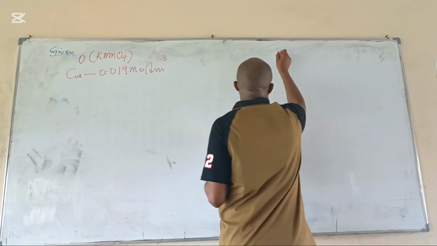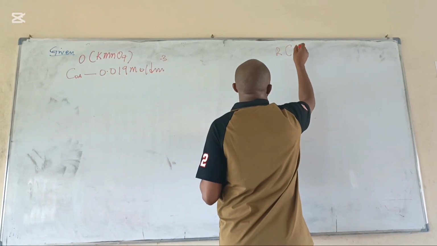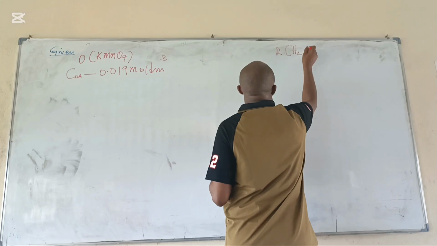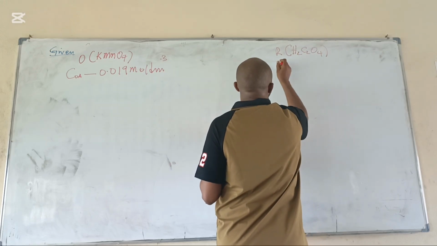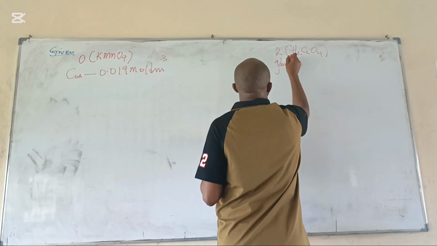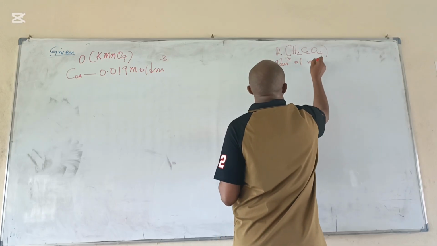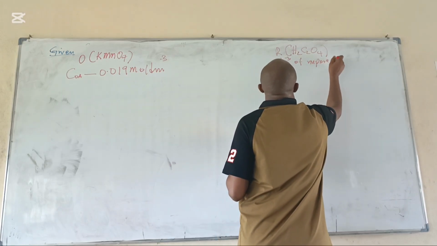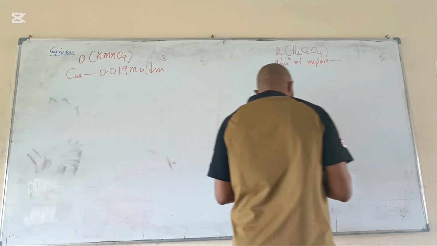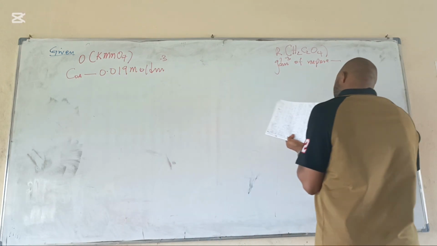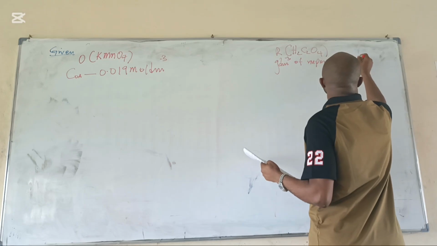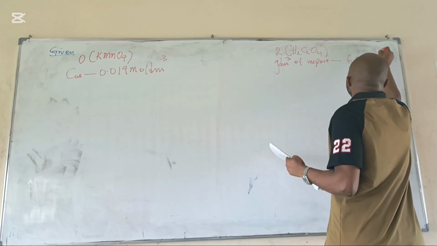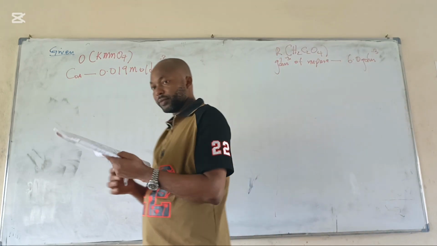My reducing agent R is H2C2O4, that's ethanedioic acid, and its g/dm³ of impure is 6.0 g/dm³. Let's proceed.